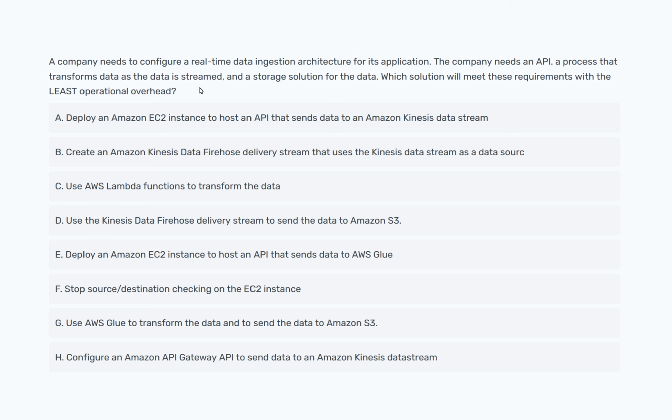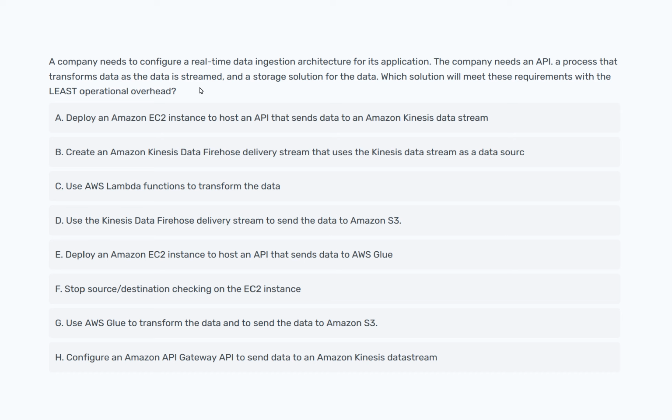So let's keep in mind these two or three things. One is the real-time data ingestion, and then the API, and then data is streamed and cleaned, and then you need somewhere to store it, and then possibly you're going to get the reports, right? That's the last one. Also keep in mind least operational overhead. All right, let's have a look at the A to H answers.